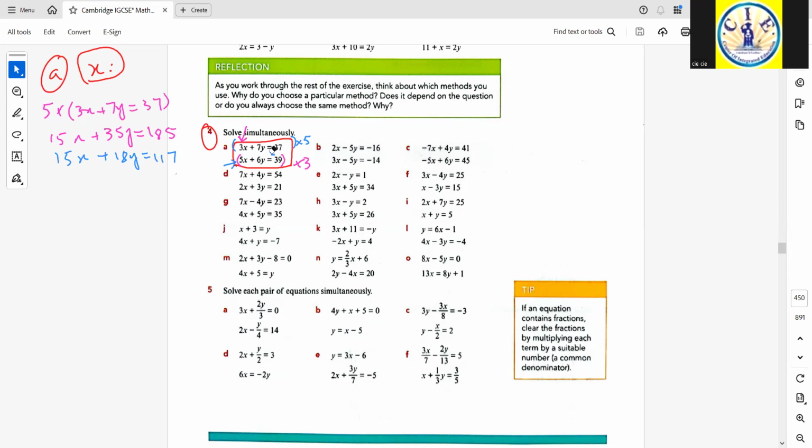So this is how we do. Now you see the coefficients of the variable x are the same in both of the equations and having the same signs, positive and positive. So now we need to subtract. When I'm subtracting, the signs of all the terms of the equation that is being subtracted get changed. So positive 15x and negative 15x get cancelled out. 35 minus 18.